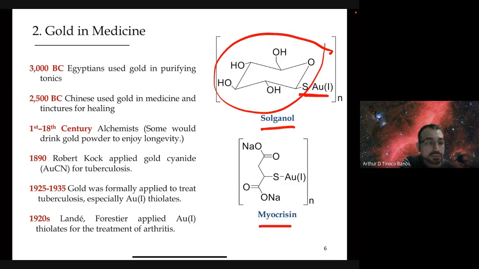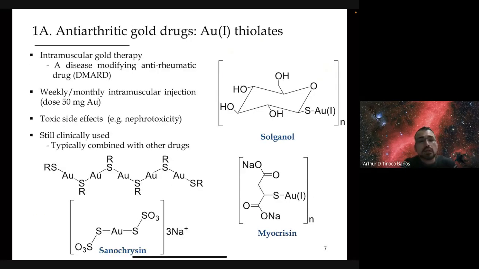In the 1920s, gold thiolates were applied for the treatment of arthritis. And so it is in the arthritis field where gold drugs really took off. We're going to return to this subject in a later lecture, but I want to introduce this history because it's very important in establishing the importance of gold in an anti-cancer application.